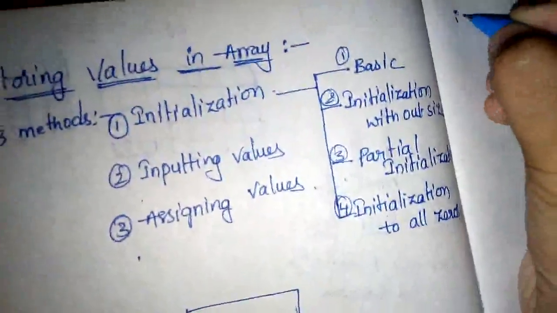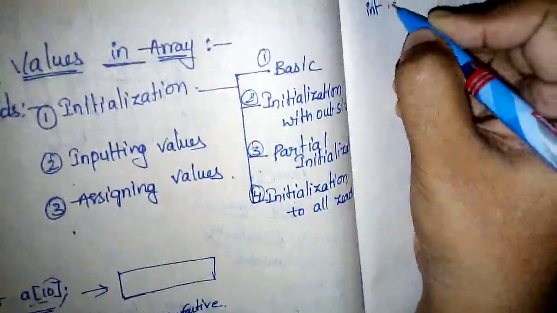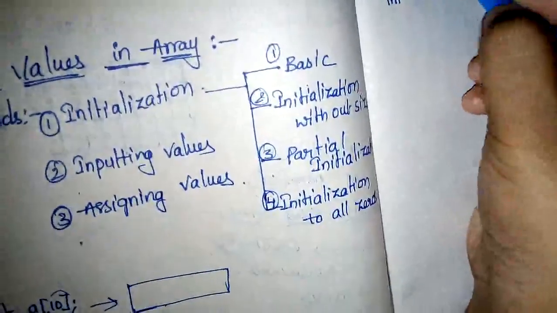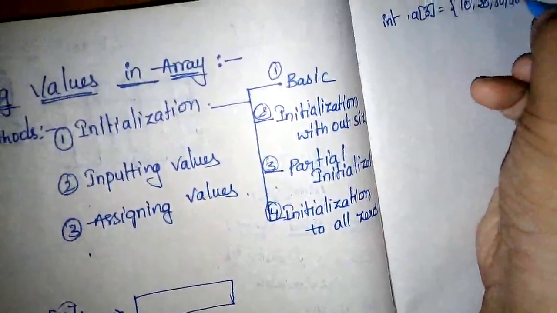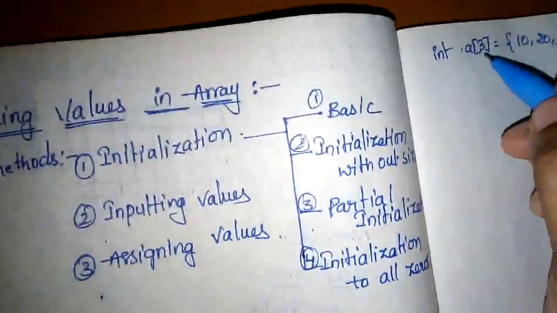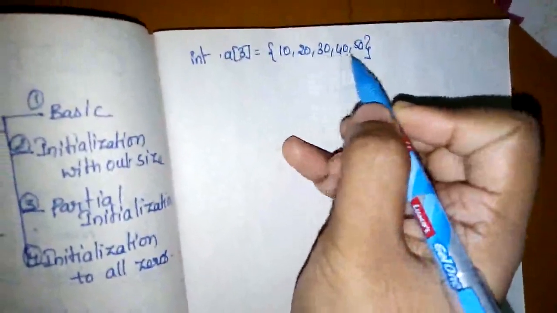For example, if you define an array like int a of 3, and you assign 10, 20, 30, 40 and 50, if you observe here, the size of the array is only 3, whereas the elements you have assigned are 5.